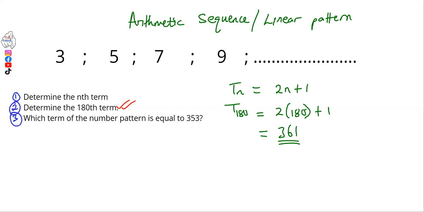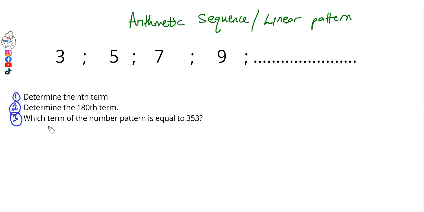Now let's look at the last question for this one. Which term of the sequence is equal to 353? Now, when we are given this, we are looking for n. So n is in question in this case. What we are given here is Tn.